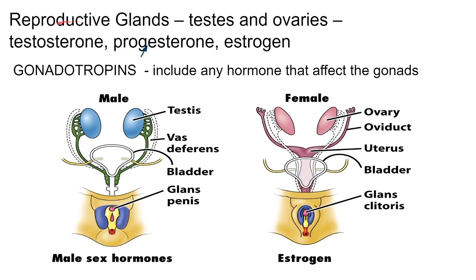Just because we typically associate testosterone with male and progesterone and estrogen with female does not mean that they can't occur in both. Women do have low levels of testosterone, and men have low levels of estrogen and progesterone. But typically they're kind of running even until you hit puberty, where for men your testosterone gets ramped up, and for women the estrogen and progesterone get ramped up.